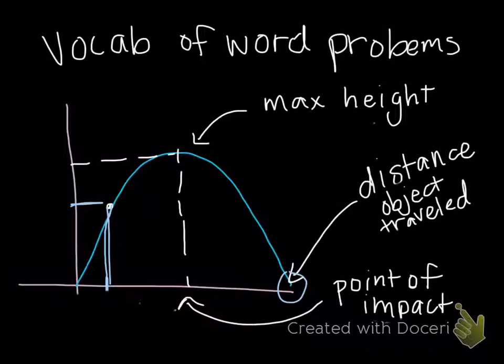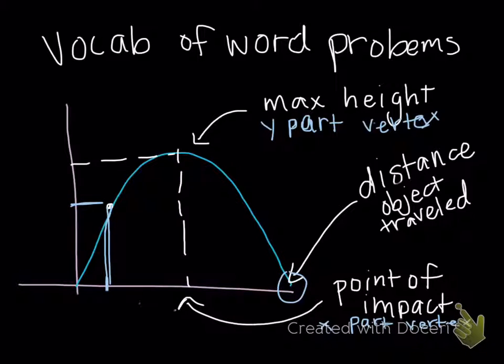When they say max height, they're referring to the y part of our vertex. If they say how far from the point of impact does this occur, we're talking about the x part of our vertex.